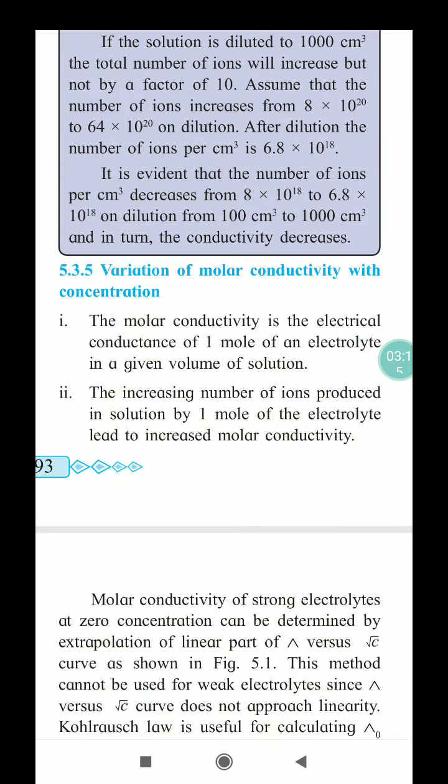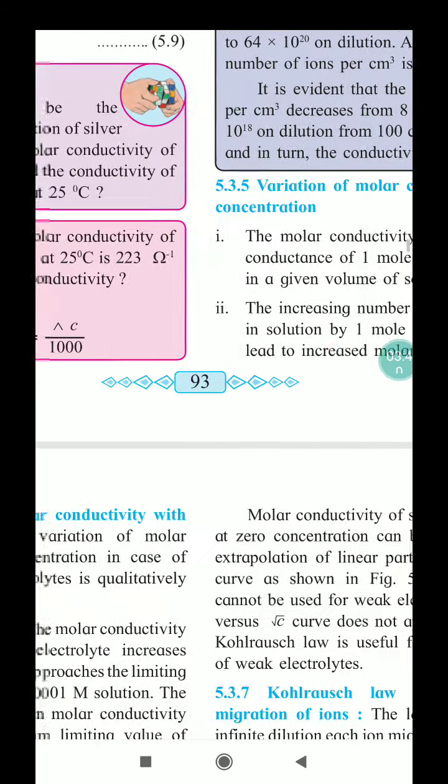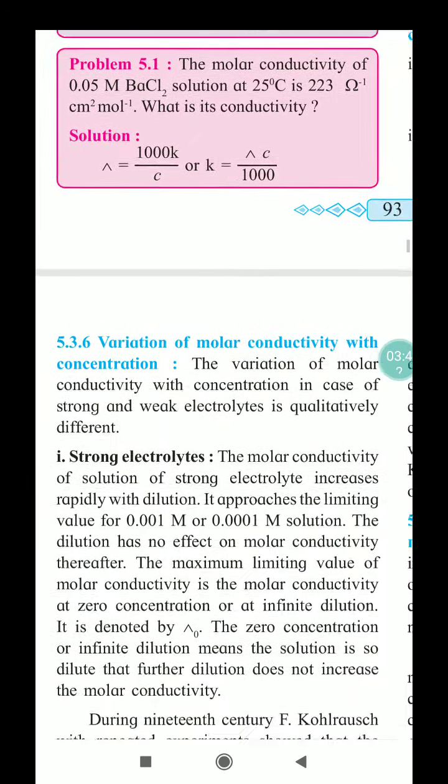The increase in number of ions produced in the solution by 1 mole of electrolyte leads to an increase in molar conductivity. Students, the point to stress here is that if the ions produced in a solution by 1 mole of electrolyte increase, then molar conductivity also increases.